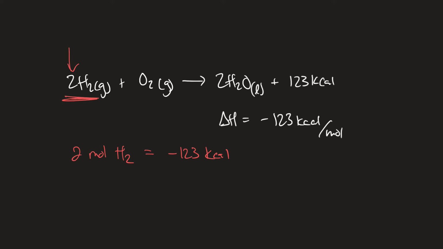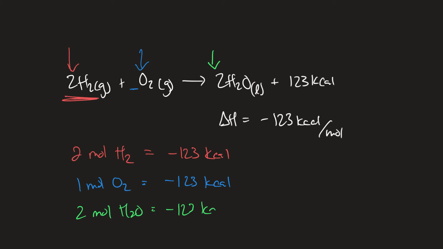It's also telling us that 1 mole of oxygen, according to this reaction, is also going to produce negative 123 kilocalories of energy. Creating, or producing, 2 moles of H2O will produce negative 123 kilocalories of energy.